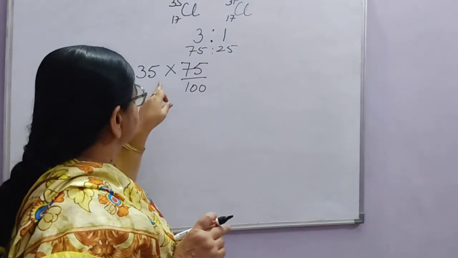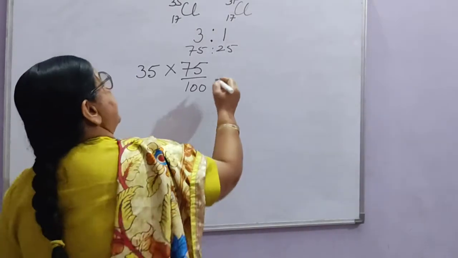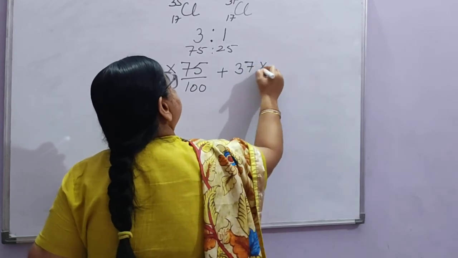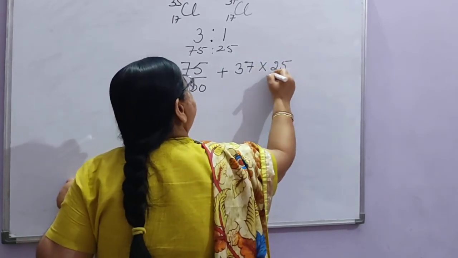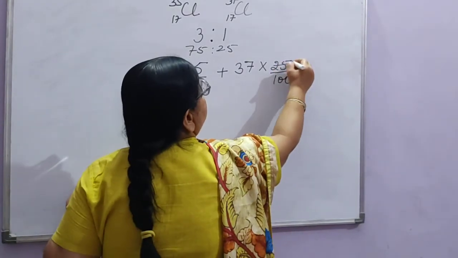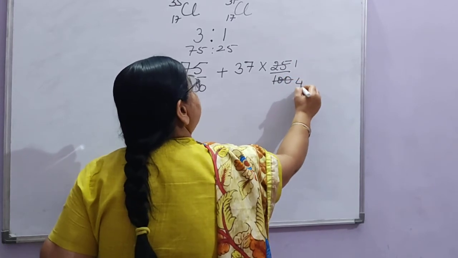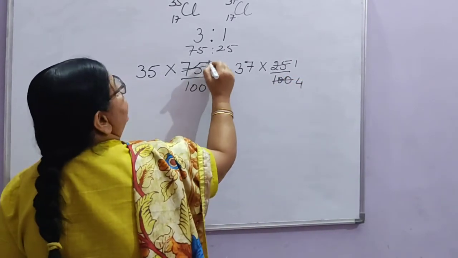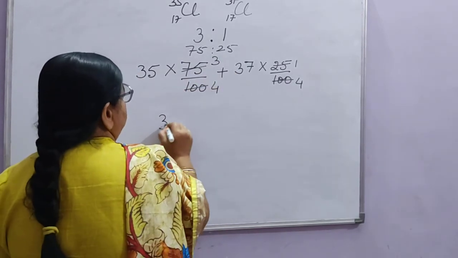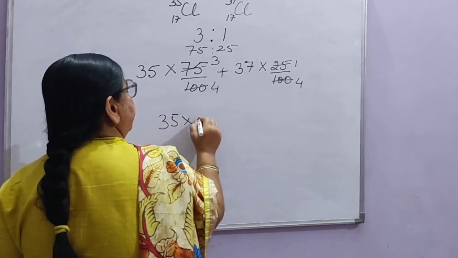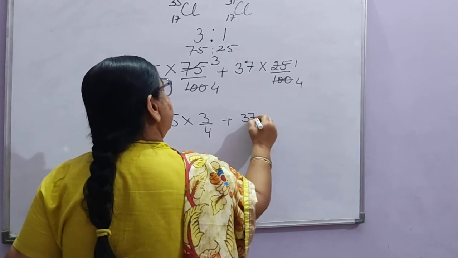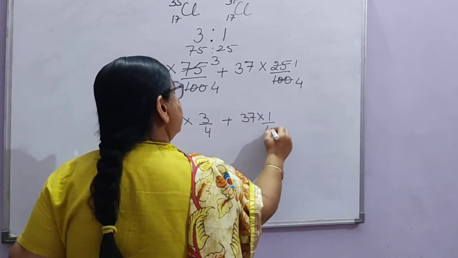Right? So we write it as 35 into 75 upon 100 plus 37 into 25 upon 100. If we cut it, this will be 25 ones are 25, 25 fours are 100. So this will be 35 into 3 upon 4 plus 37 into 1 upon 4.